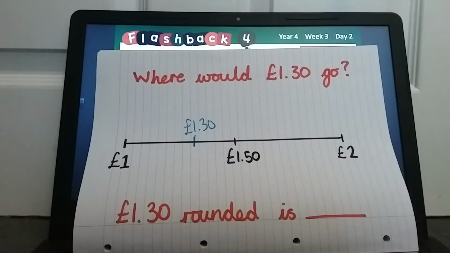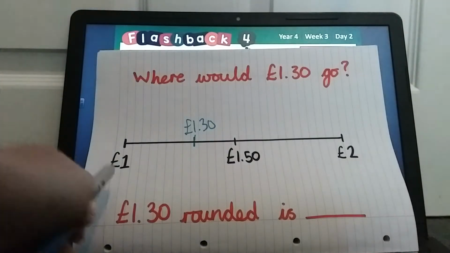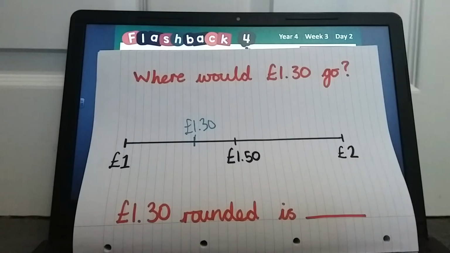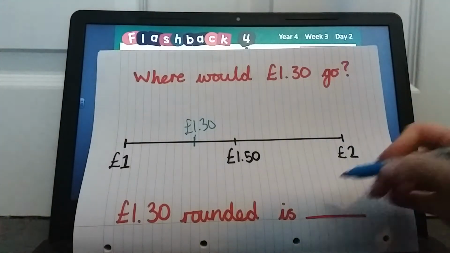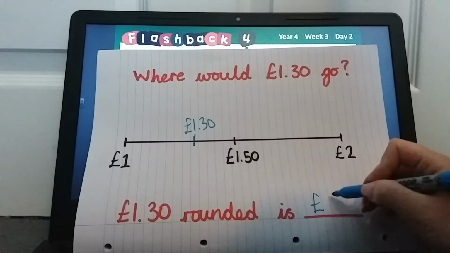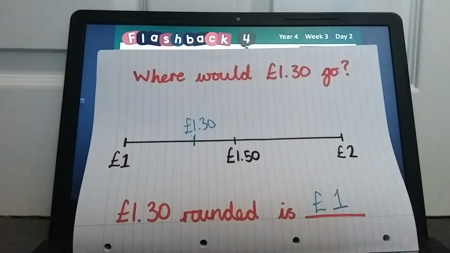Which one is it closer to? Well done, it's closer to the £1. So £1.30 rounded to the nearest pound would be £1. And we can't forget to always put our unit of measure on there, so I put my pound sign to show that it's £1, not just one.